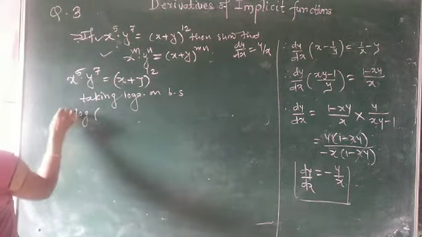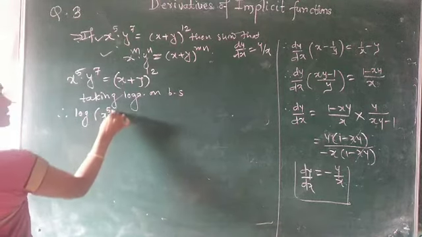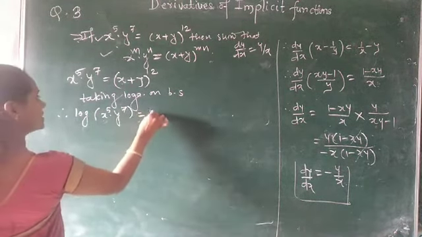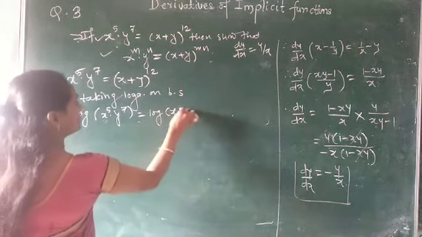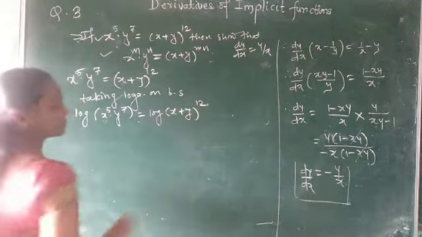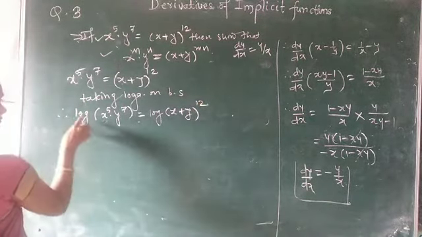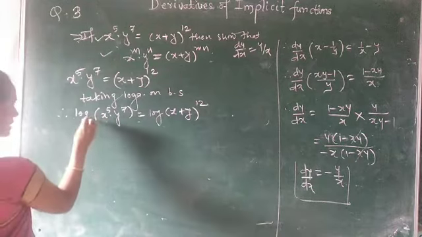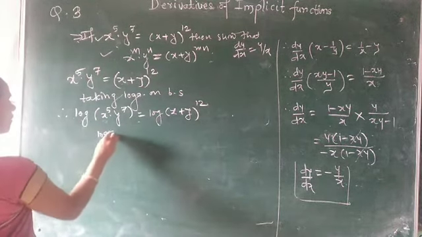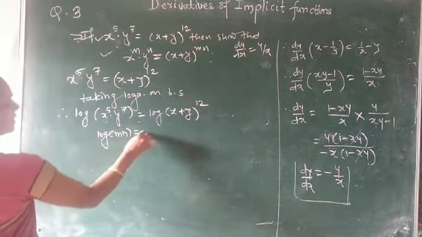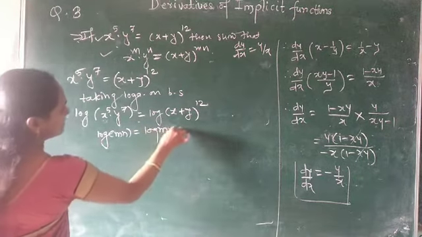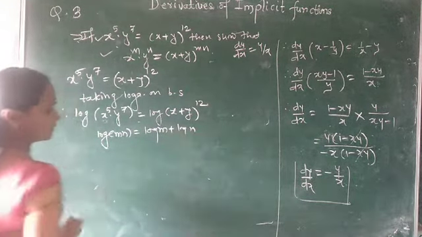So log of x raised to 5 into y raised to 7 is equal to log of x plus y raised to 12. After applying log, the left side is in the form of log of mn, so we write it as log m plus log n.